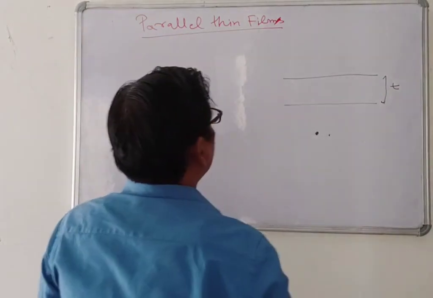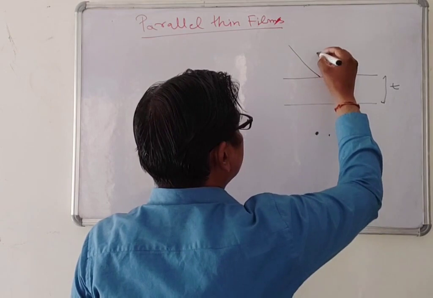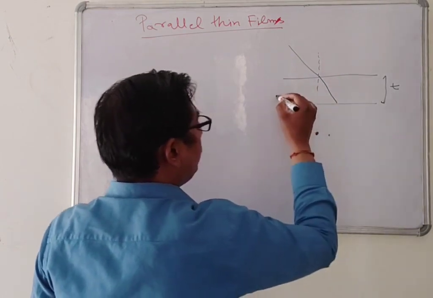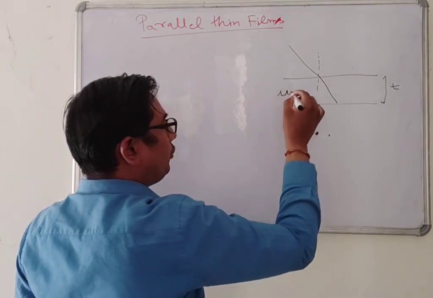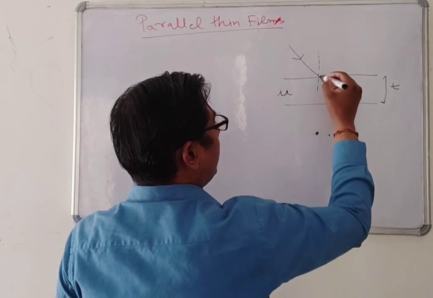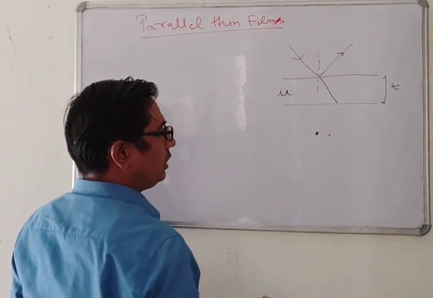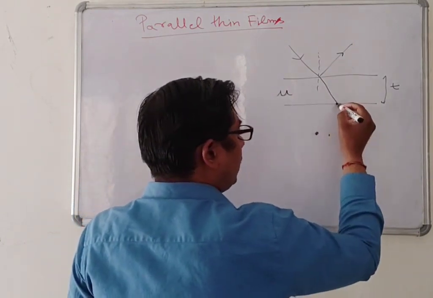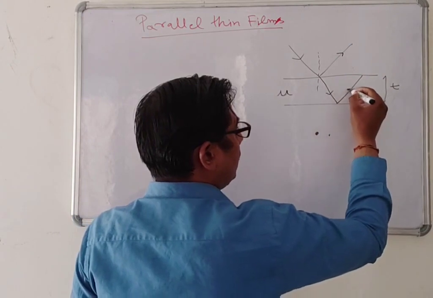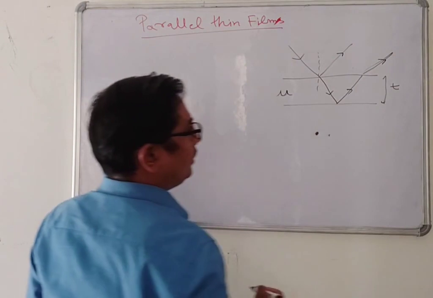Now when the incident ray comes here like that, mu is the refractive index of this medium, and the light is slightly reflected, some part is transmitted, and from the lower surface it is again reflected like that.